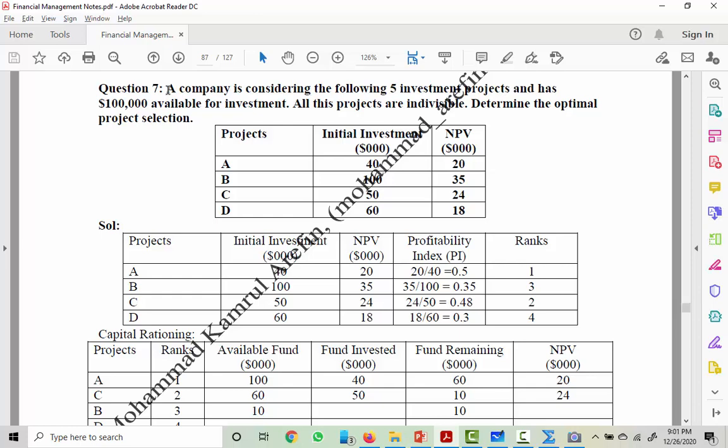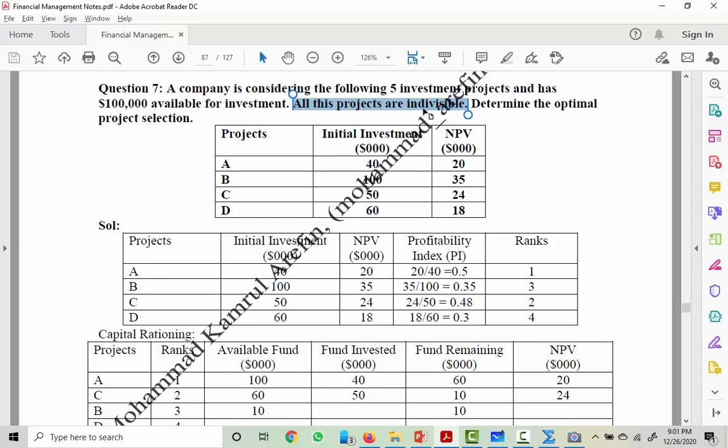Now let us look at question number 7. Here the same question with same data, the only difference is this line. In this question, the condition is saying that all these projects are indivisible. That means you cannot partially invest in any project.